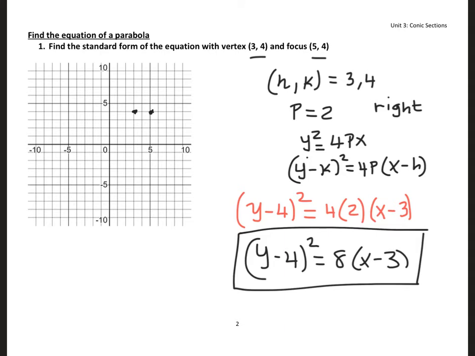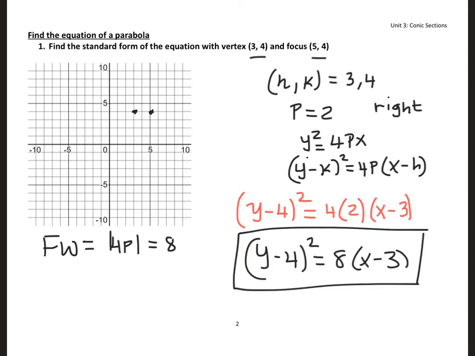And actually I can graph it. How would I graph this one? I know the focal width. I could take the square root of both sides, but that becomes more complicated, so I'll just use the focal width to graph it. The focal width is given by the absolute value of 4p, and 4p here is the absolute value of 8.